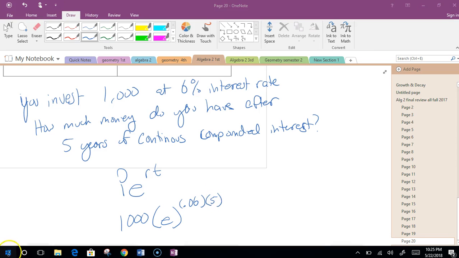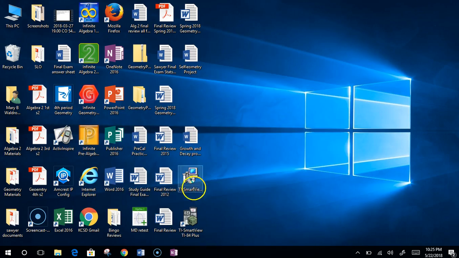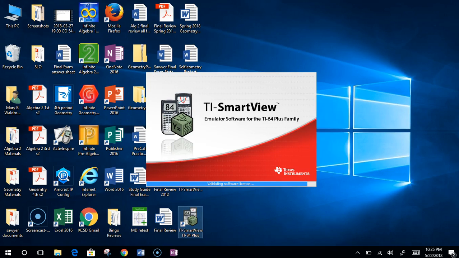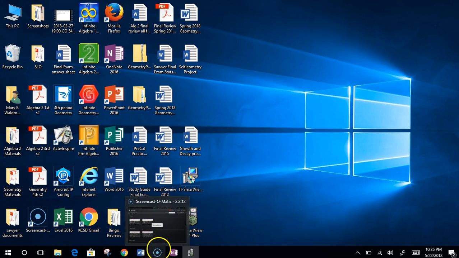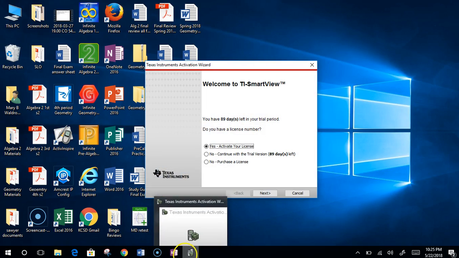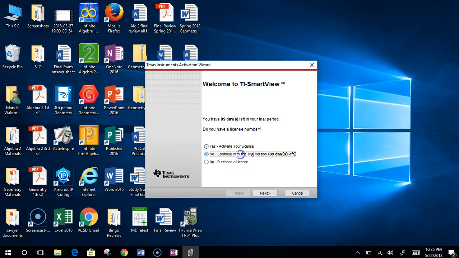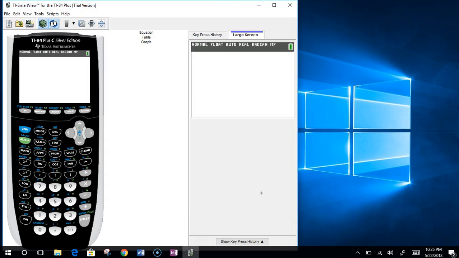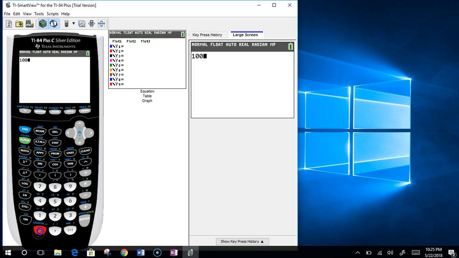This is just a matter of pulling up our calculator, if we can get it up here real quick for this last problem. There we go. Make sure everybody knows where your e button happens to be. See if we can get this loaded up real fast. Nope, we're going to continue with a free trial. There we go. All right, so we had $1,000.